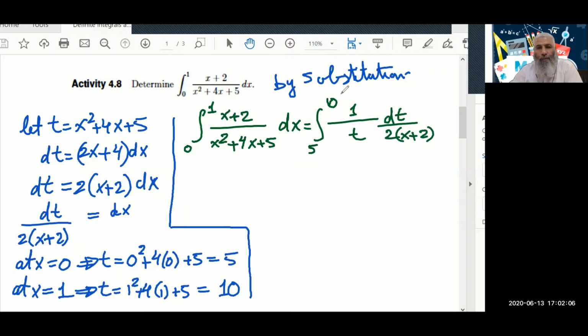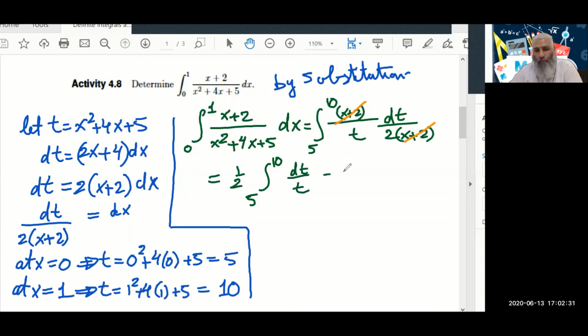We have x plus 2 in the numerator, so simplifying x plus 2 with this x plus 2, we have the integral from 5 to 10 of dt over t, and we have 1 over 2.